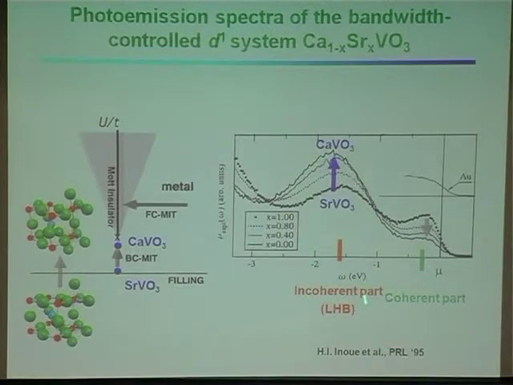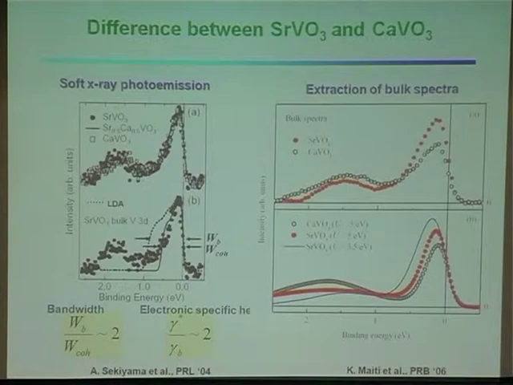And we believed we did observe such a behavior of spectral weight transfer. But later it turned out that the surface contribution was significant. So later, more bulk-sensitive photoemission spectroscopy, or careful decomposition of the bulk and surface signals, had to be done.